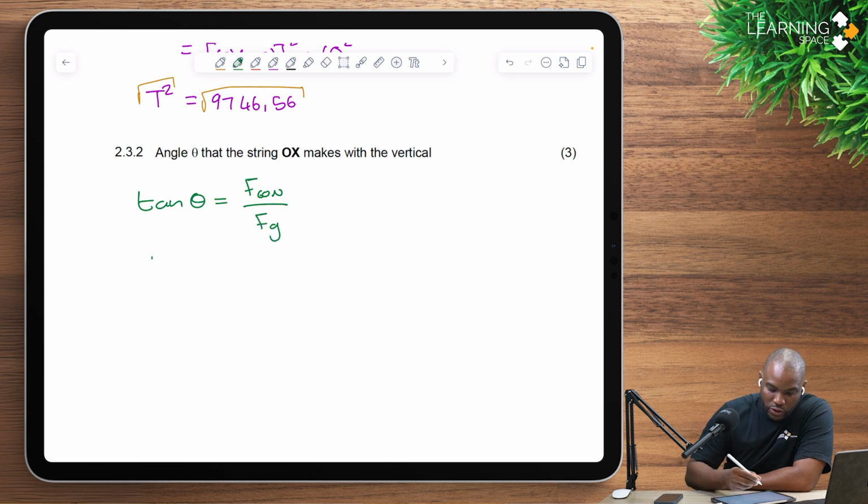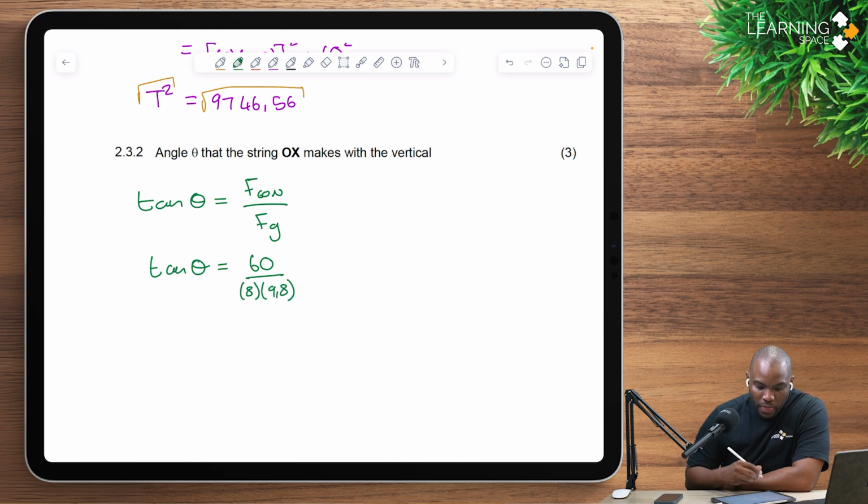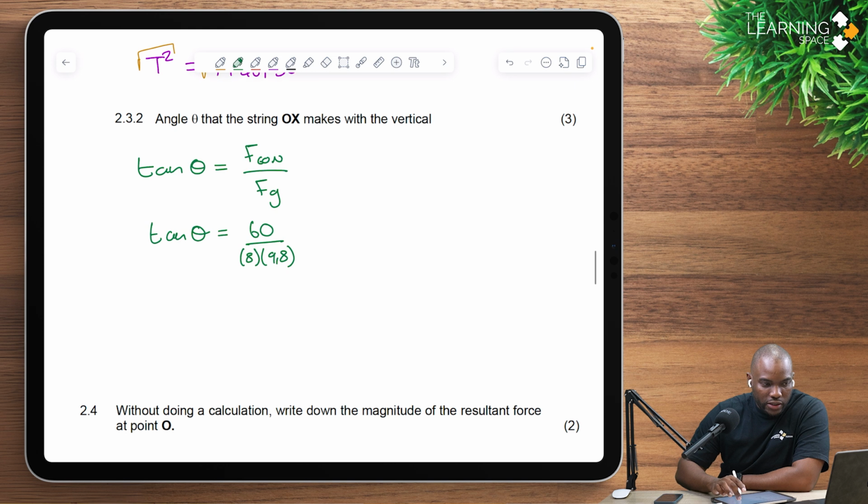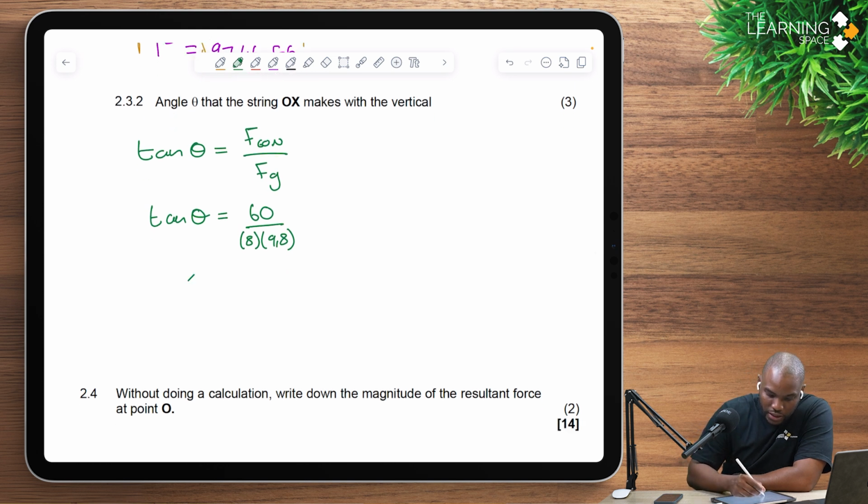Now I can substitute the values in, where tan theta equals the 60 newtons divided by my Fg, which is 8 times 9.8. And then I can simply arctan that to get the answer. So I'll say theta equals arctan, or tan inverse, right, of 60 divided by 8 times 9.8.